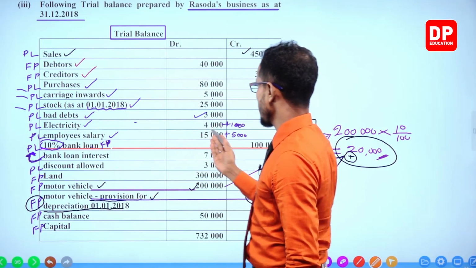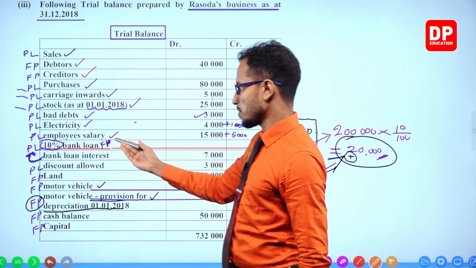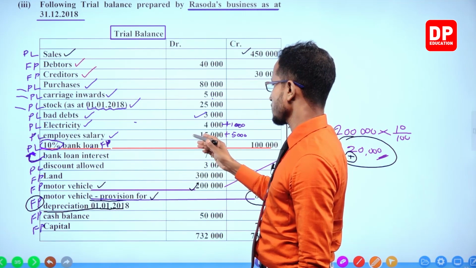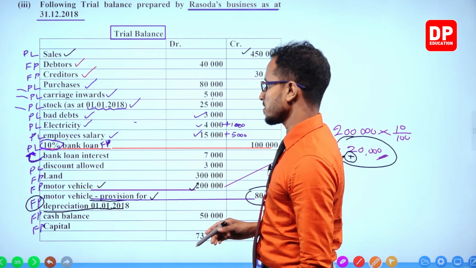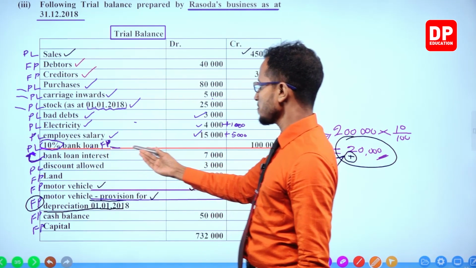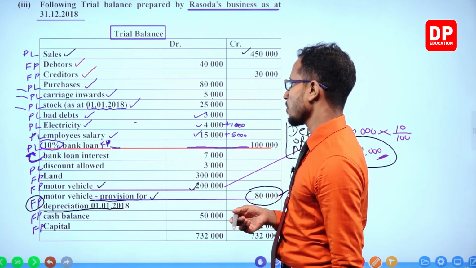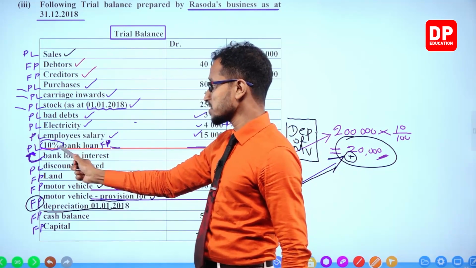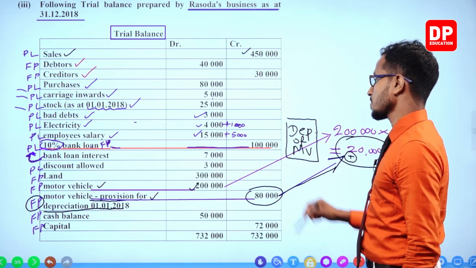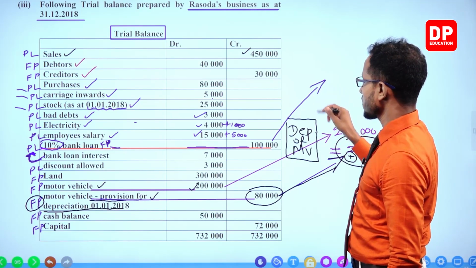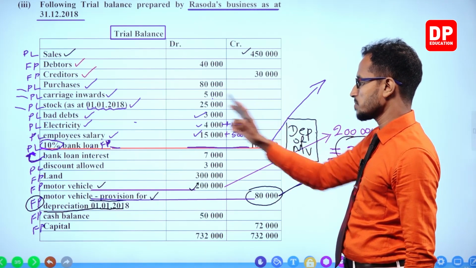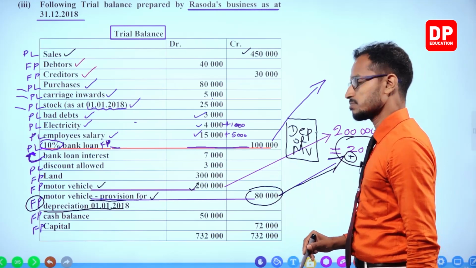Electricity is already entered because it is ticked. Employee salary is already ticked. That is also entered. Bank loan adjustment. Now, calculate 10% out of 100,000. It's 10,000.